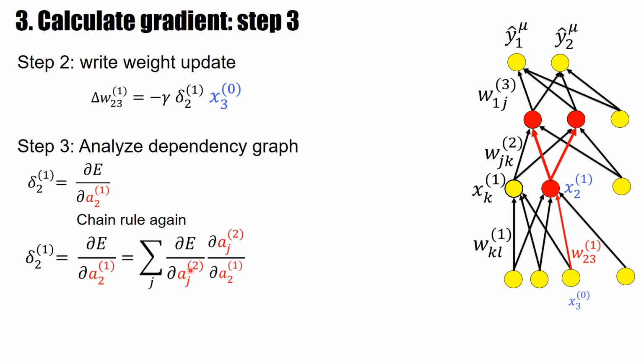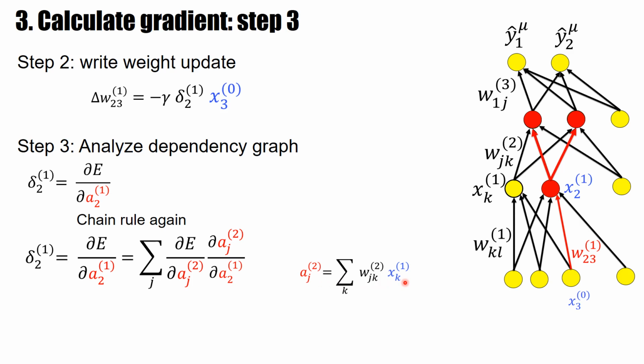The change of the weight here depends on the change in the activation variable here, but this activation variable will influence activation variables there. And so we have to sum over the activation variables in one layer further up, here in layer 2, and evaluate this individually.